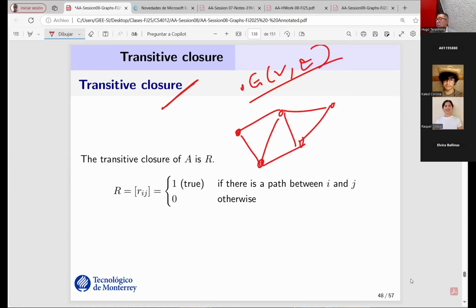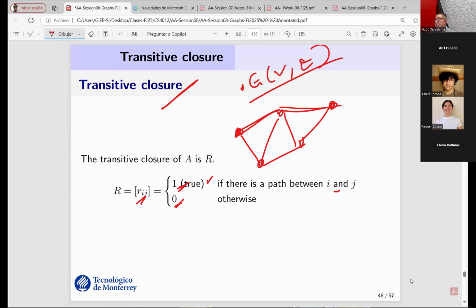The transitive closure is this function in which you say one, it is true if there is a path between I and J. I have I here and J here, and if there's a path between this and this, then I can say in my adjacency matrix that that cell is one. If not, then it's going to be zero.